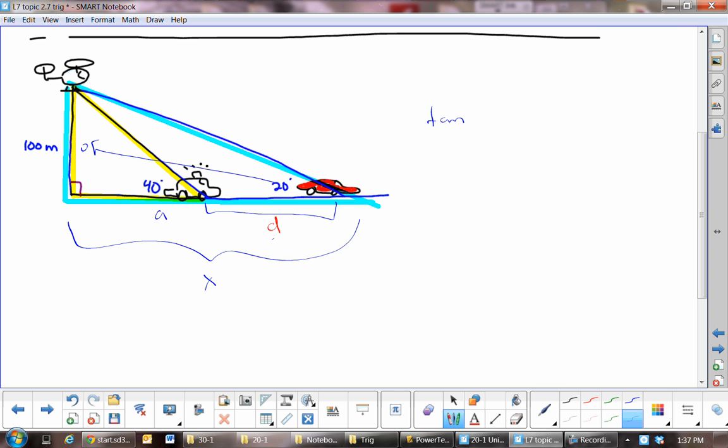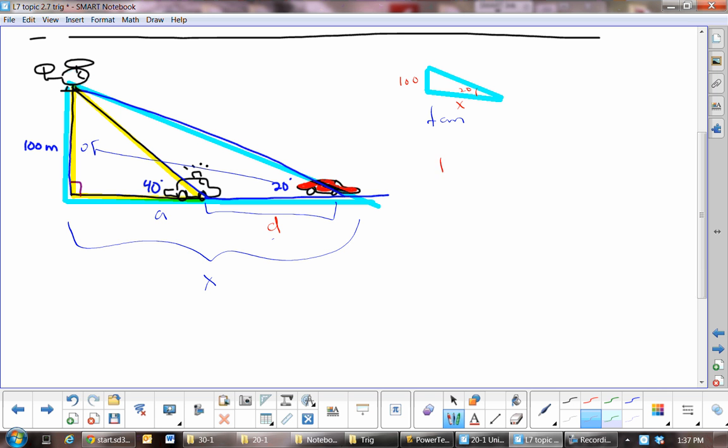So I'm going to actually, where's my highlighter? Okay? I'm doing this big triangle here. This will help keep things straight for you. And what I'm trying to do is find this X.